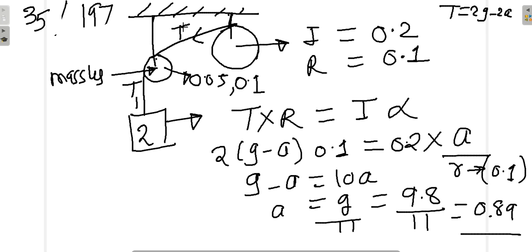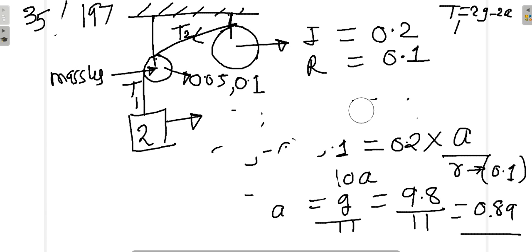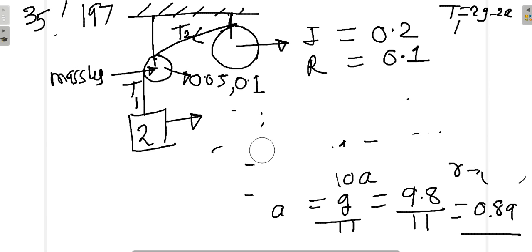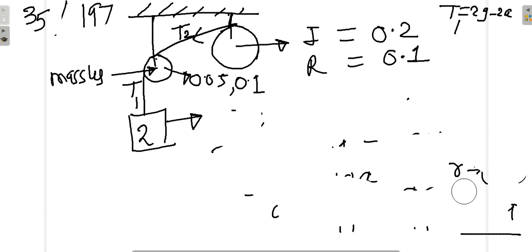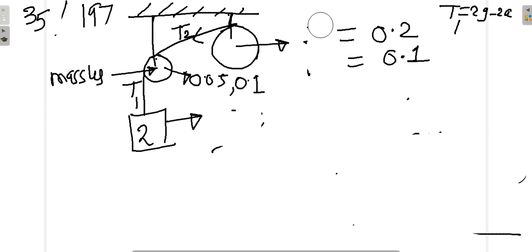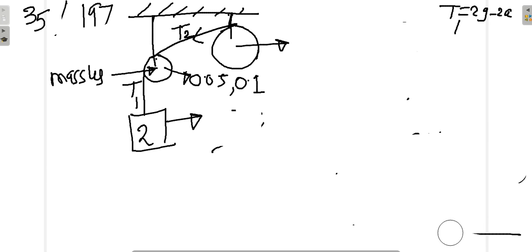Now this will be T1 and this will be T2. So here T1 will be 2g minus 2a. The FBD of this particular part will not change. T1 will be 2g minus 2a. And we will find T2.